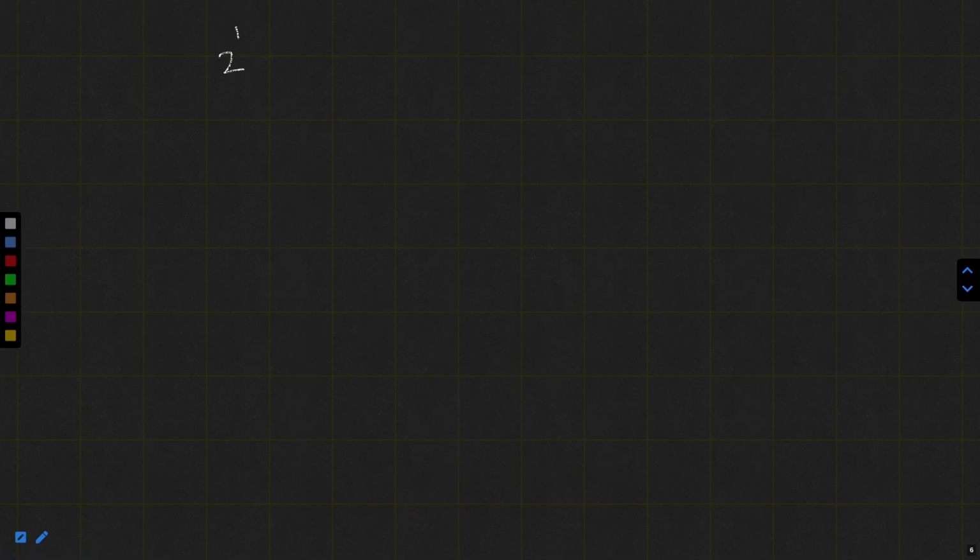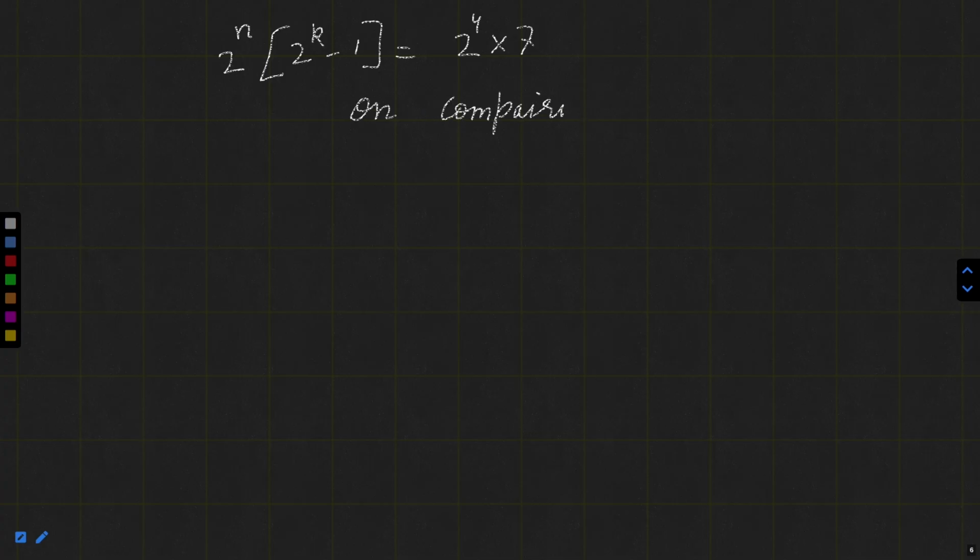Our equation was this is equal to 2 power 4 times 7. On comparing the values, we can easily say that 2 raised to the power n is equal to 2 raised to the power 4. Simple. That means n is equal to 4.